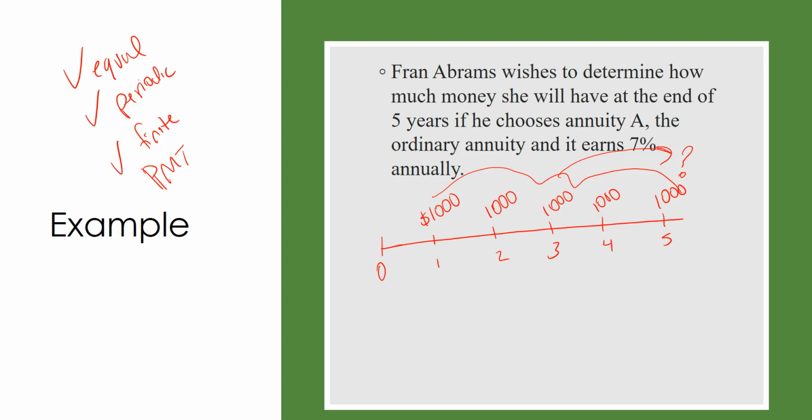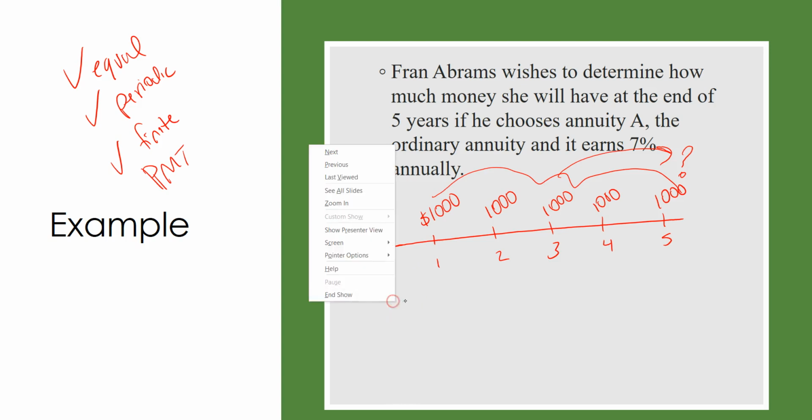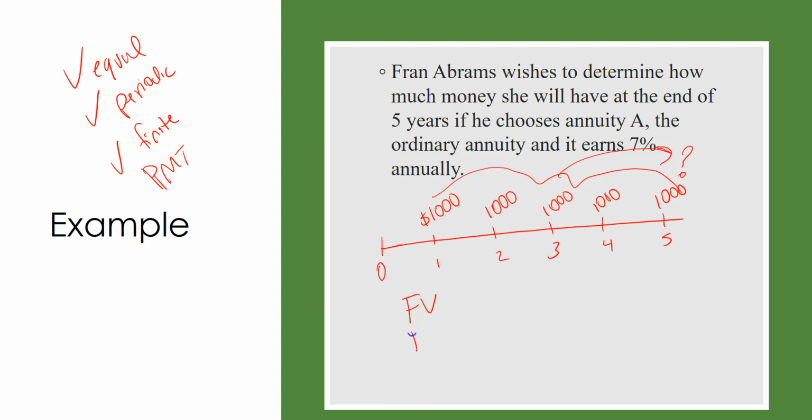So let's put this into our financial calculators. Our financial calculators have the inputs of future value, present value, N, I/Y, and payment. Let's start with the easy ones. We know that it's 5 years. We know that it earns 7%. We also know that she has nothing as of right now, so she hasn't received anything yet.